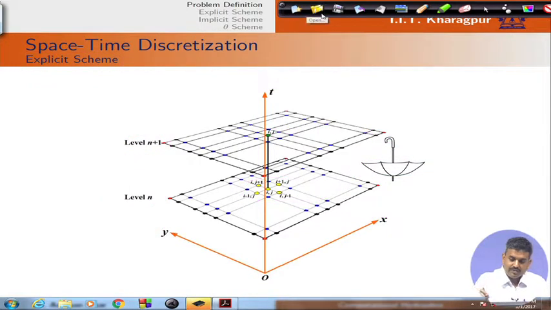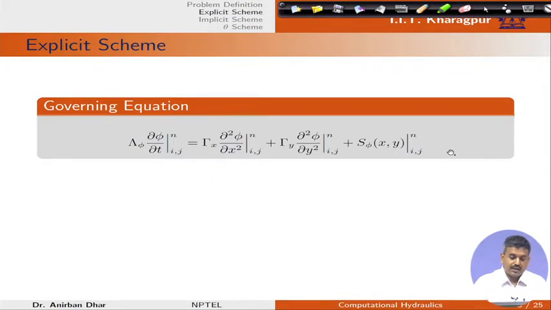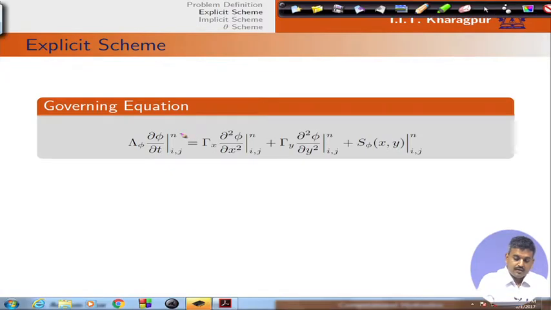With this information, if we start discretizing our governing equation, then we are discretizing at the present time level. So, that is why n, i, j, n is for time level, i, j for x and y direction. So, all are at n, i, j level.